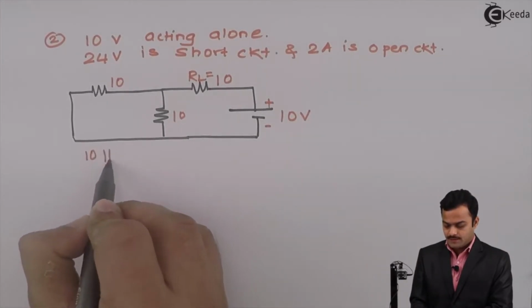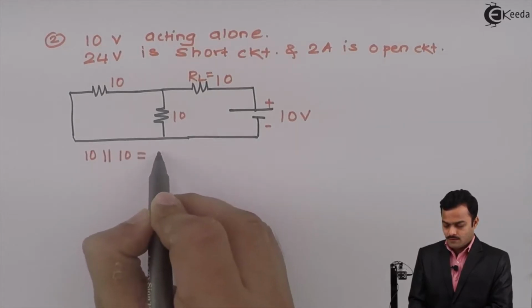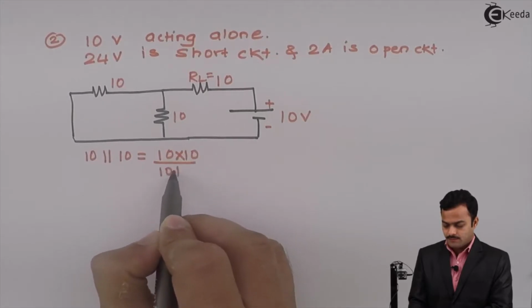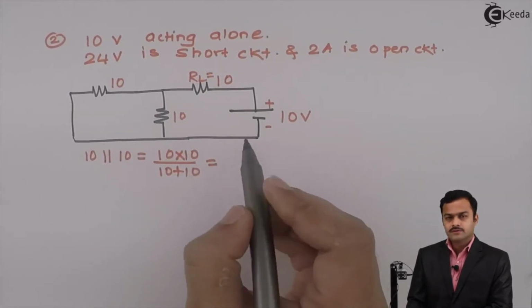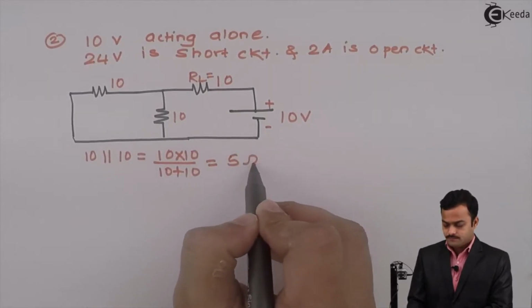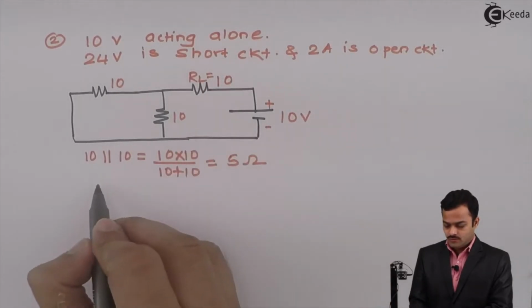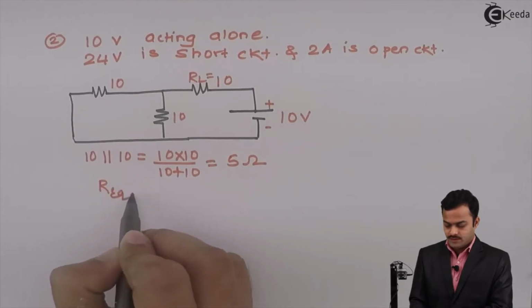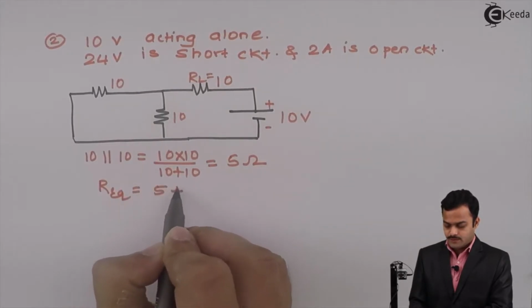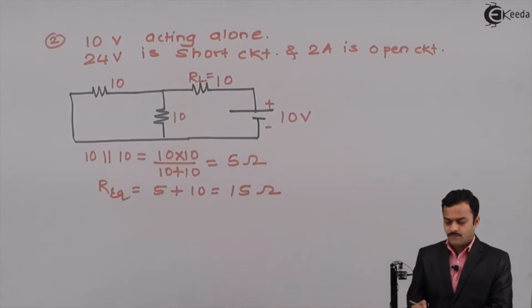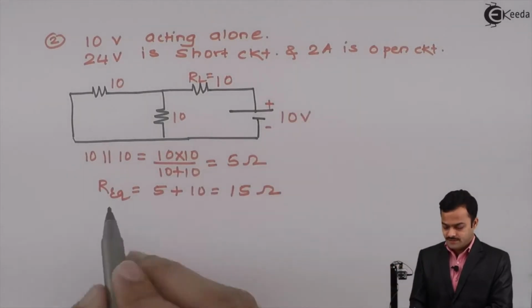So 10 parallel 10, I will get answer 10 multiplied by 10 divided by 10 plus 10, which is equal to 5 ohm. This 5 ohm will come in series with this RL. So R equivalent for this circuit will be 5 plus 10, 15 ohm.